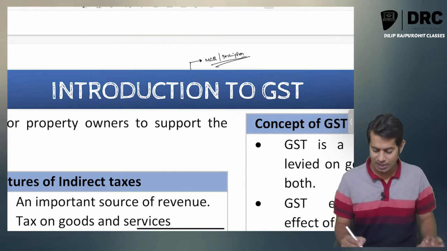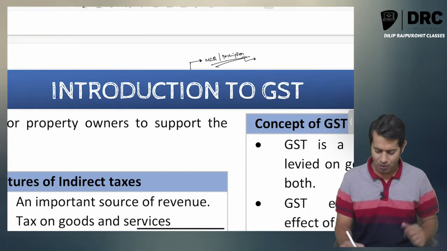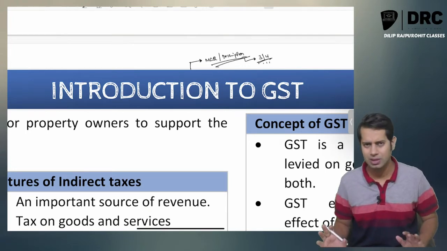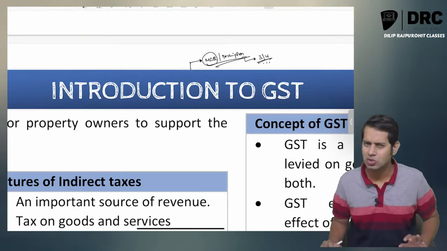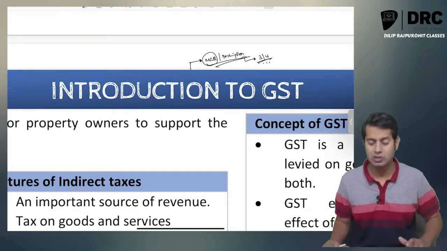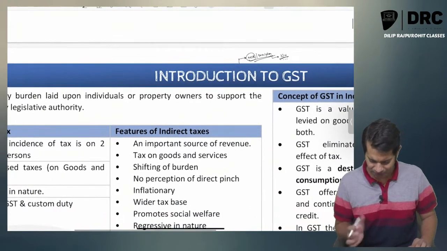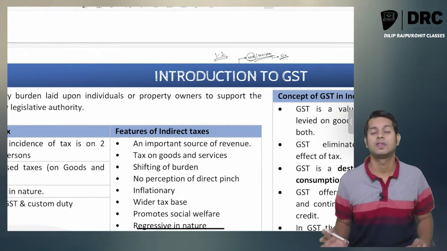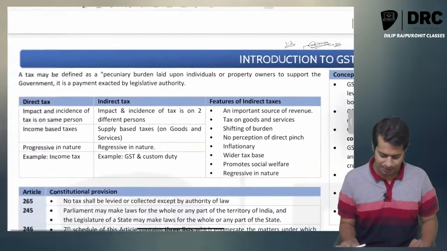If they ask a theory question from this chapter, it will be on an average for 3 or 4 marks, max 3 to 4 marks. But if they are not asking any theory question, an MCQ will definitely come from this chapter. So the normal weightage of this chapter is 1 to 2 marks. Sometimes, if you are lucky, 3 to 4 marks may come from this chapter.